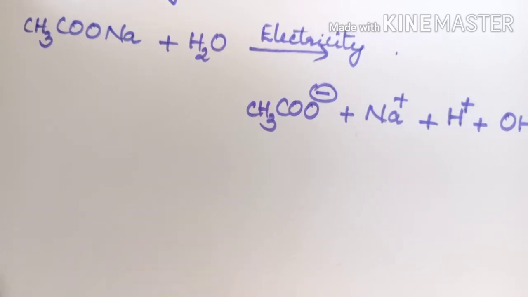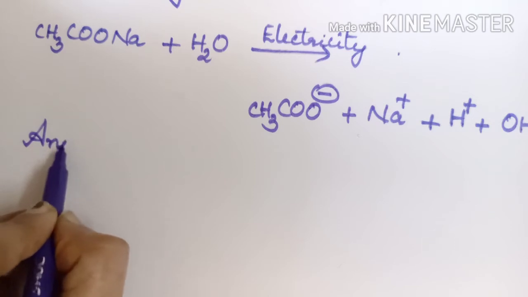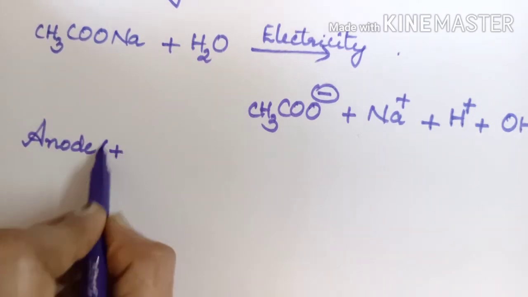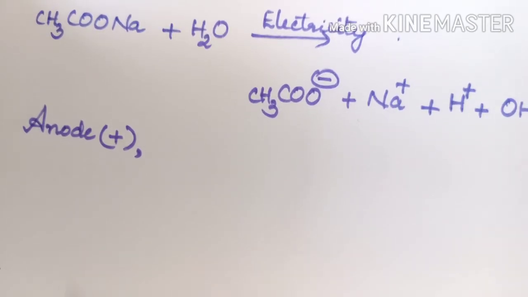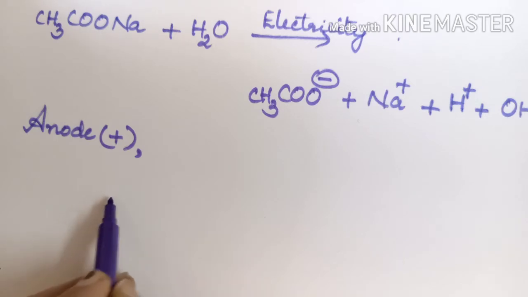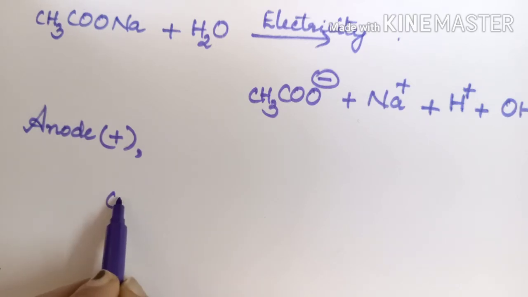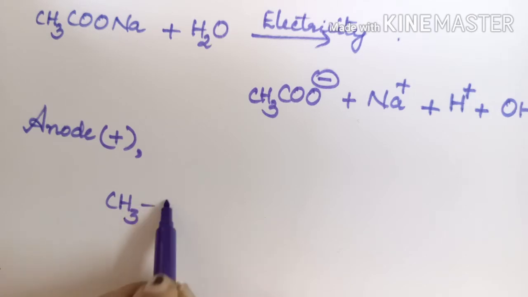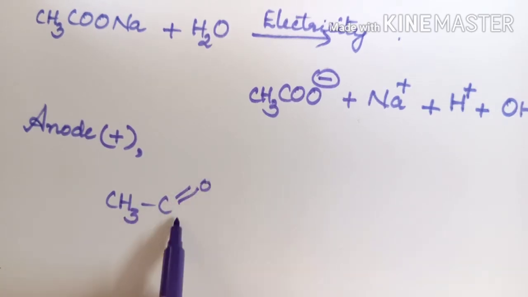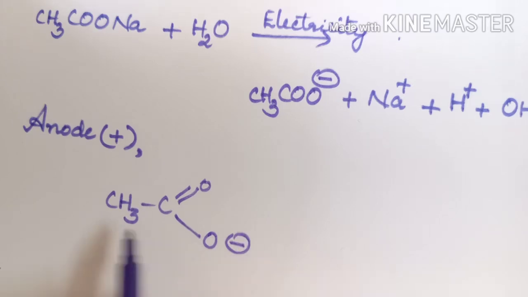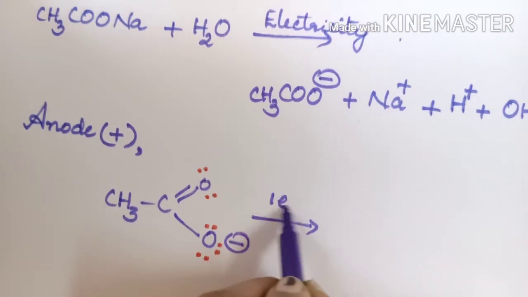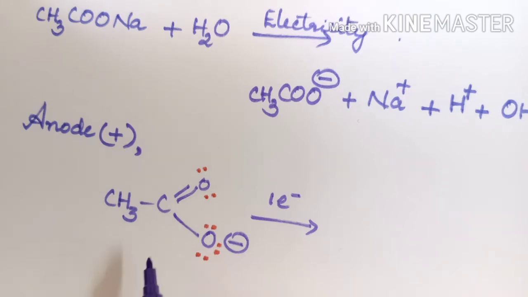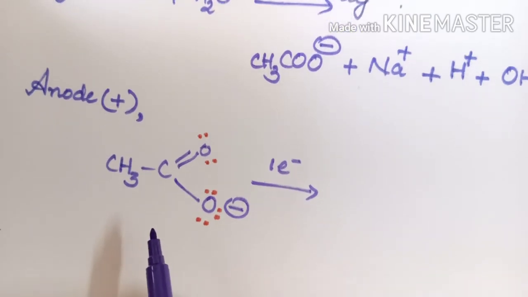The anode is the positive electrode, and the anions that are present will reach near the anode. So the acetate ions, CH3COO negative, reach there. This anion loses one electron to the anode and results in the corresponding free radical.